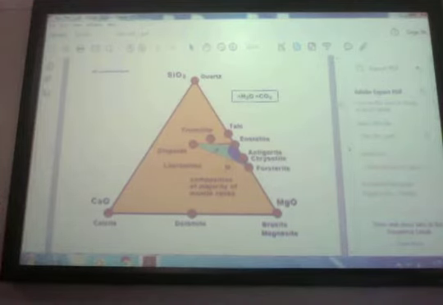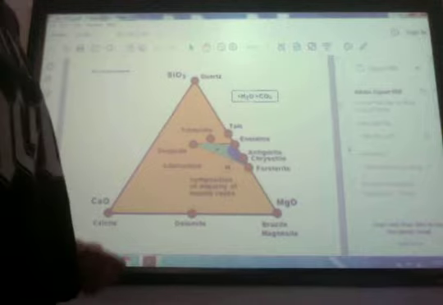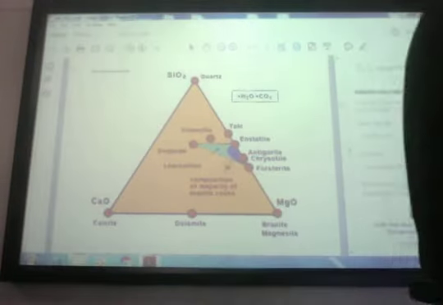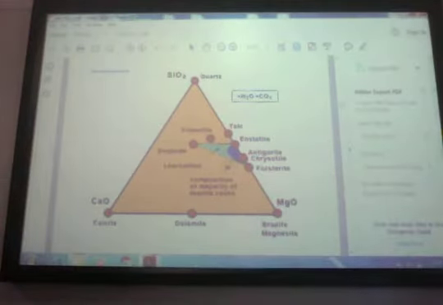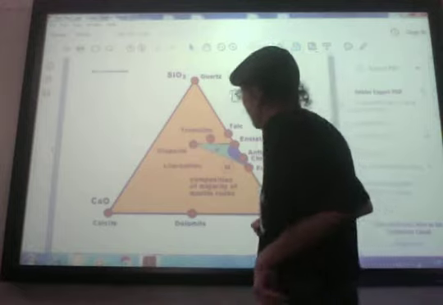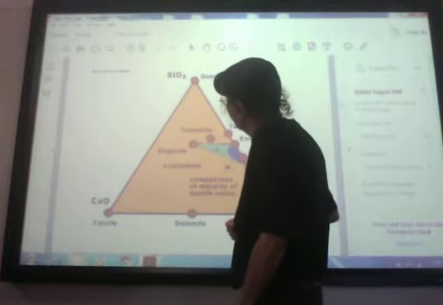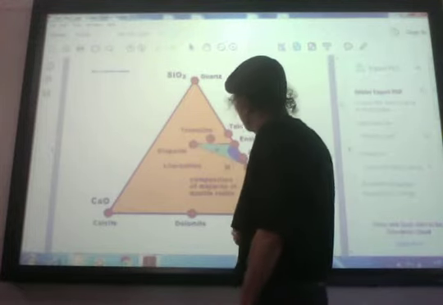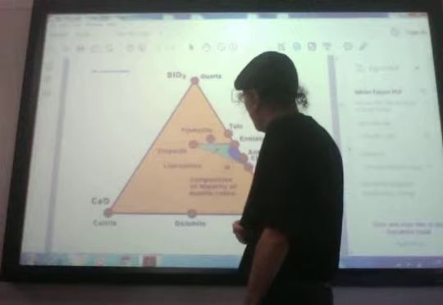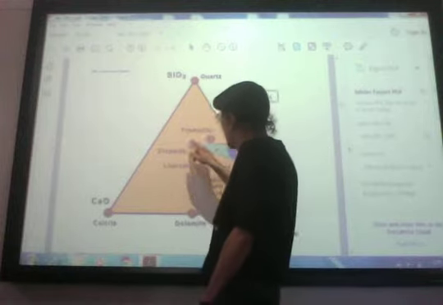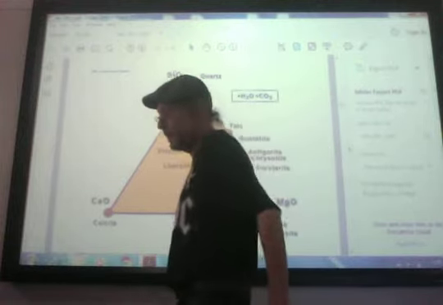You know, CO2 plus CaO will give you a calcite, which is a CaCO3. So, but now having calcium in the system, we can form some other minerals, the diopside and the tremolite.